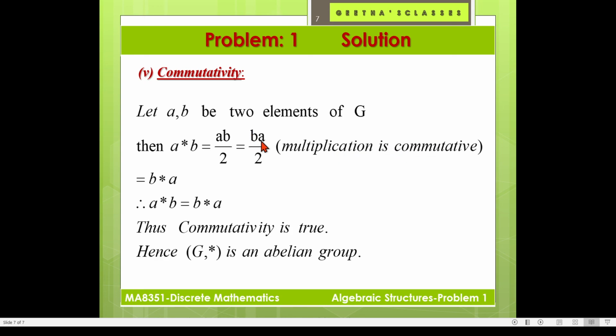So we can write ba by 2, which is nothing but b star a. So a star b equals b star a, and commutativity is also true. So it satisfies all 5 conditions. Therefore G, star is an abelian group. Group means 4 conditions, and we have included one more, the commutativity property, which is also satisfied. So G, star is an abelian group.